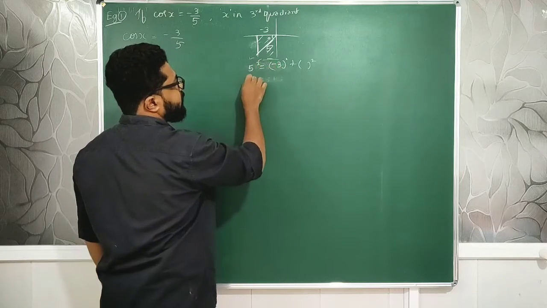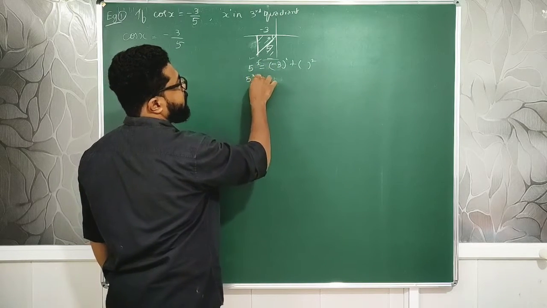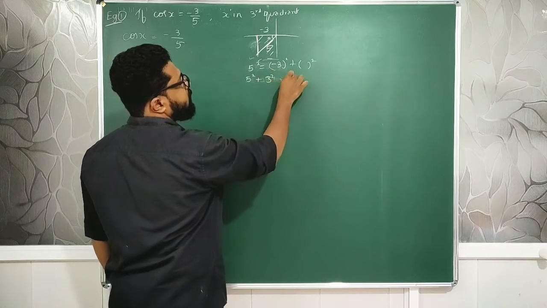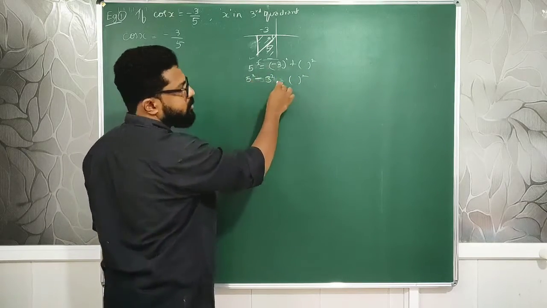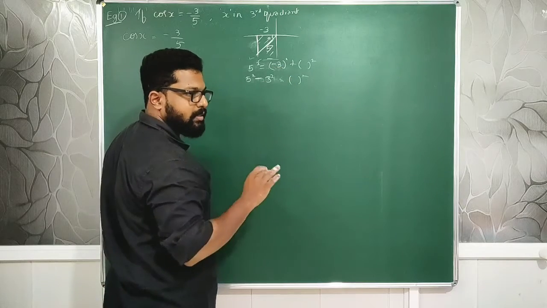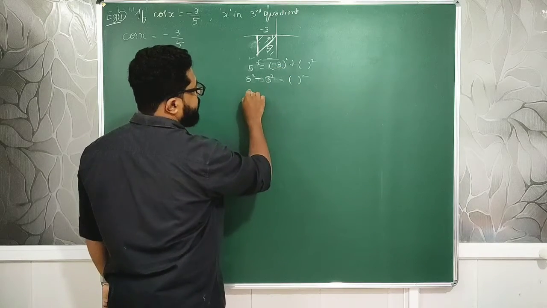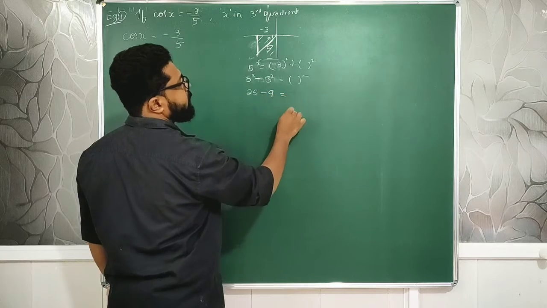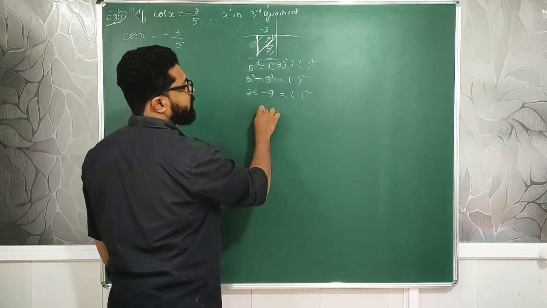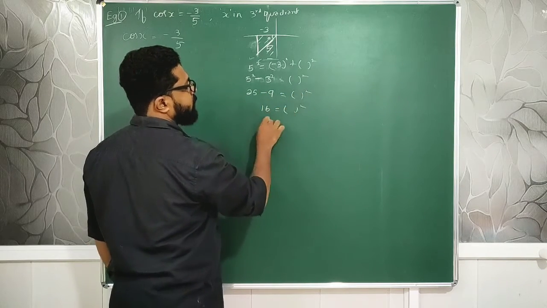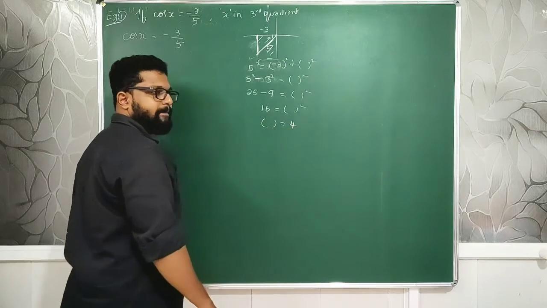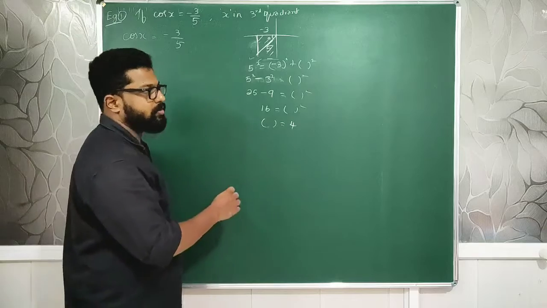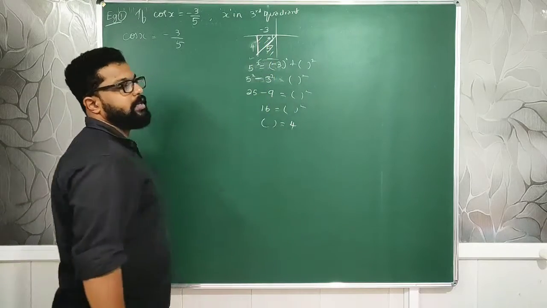So 5 square minus 3 square, because the square of 3 is 9, gives 25 minus 9, which is equal to the square of that side. This is 16, so that value is going to be 4.